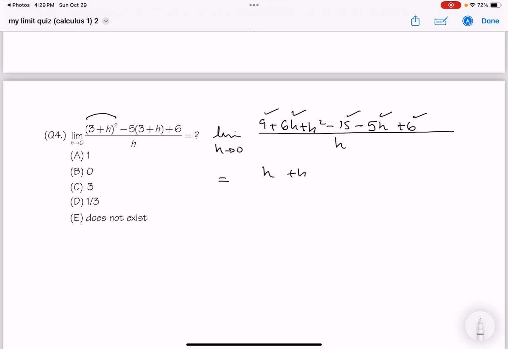Then you get h squared. Whoops, forgot to put the limit down. H goes to 0 over h, and this would give you, let's see, limit h goes to 0, 1 plus h, that would be 1. That's answer A.